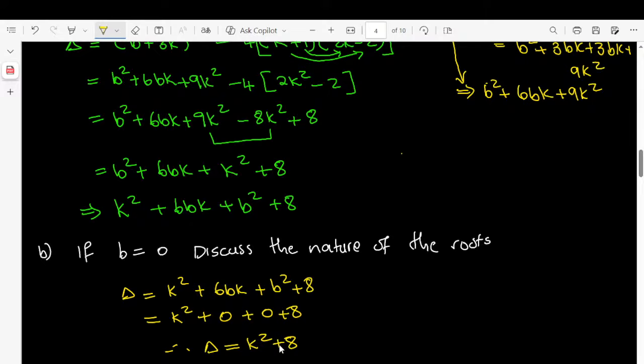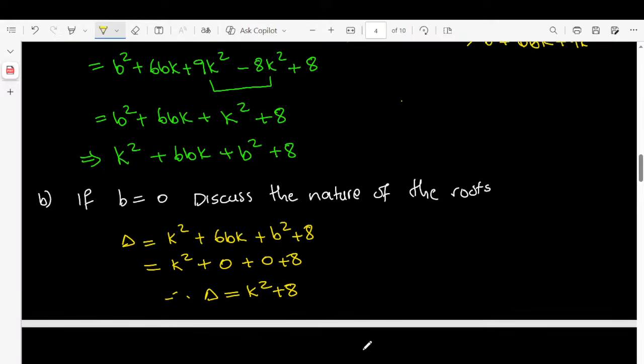Now we need to decide about the nature of the roots. The discriminant is K squared plus 8, so this is positive, greater than 0, for all values of K.